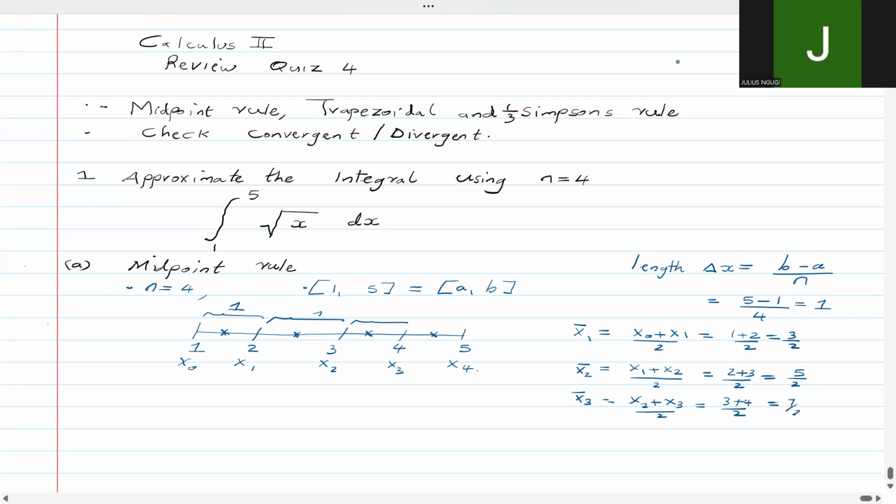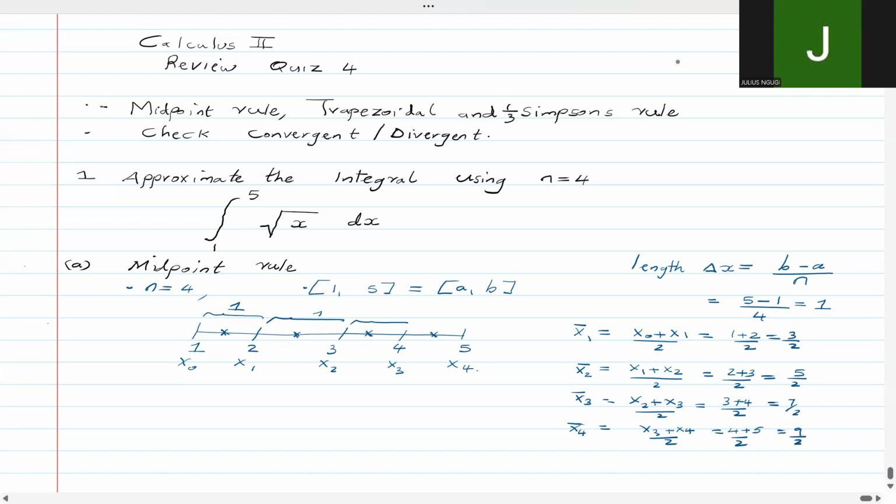As you can see the trend, 3, 5, 7, so the next should be 9/2. So x4 with a bar equals x3 plus x4 divided by 2, which is 4 plus 5 divided by 2, which is 9/2.